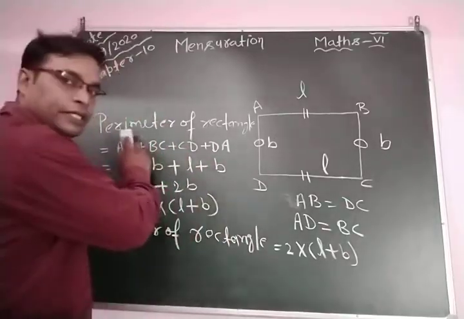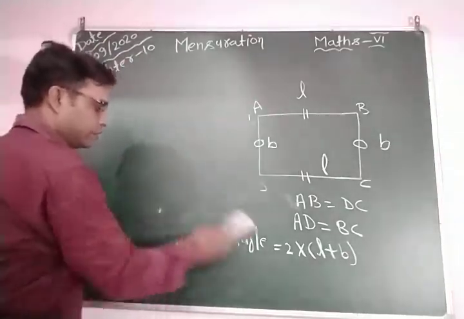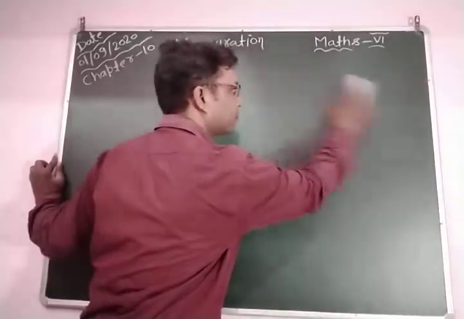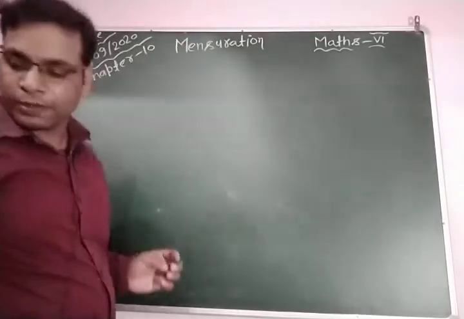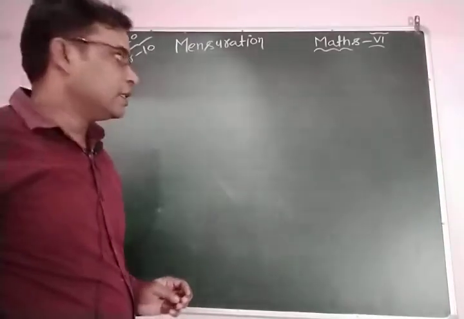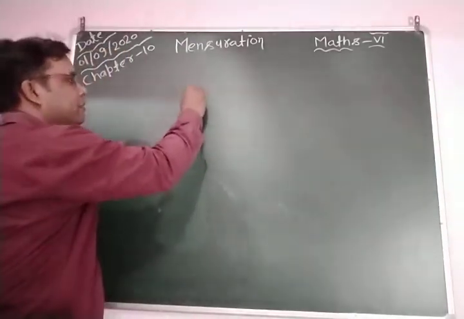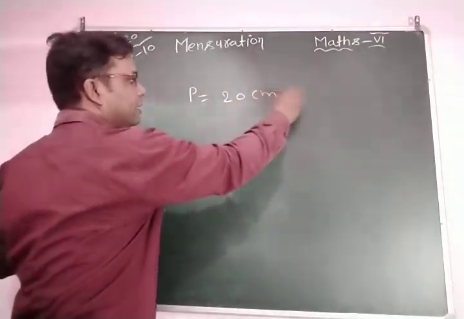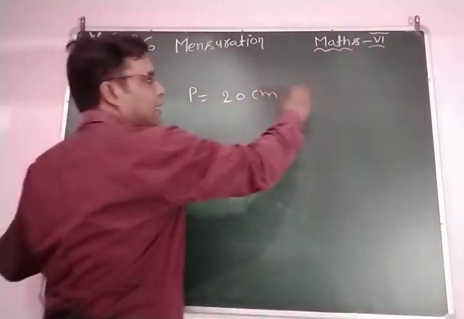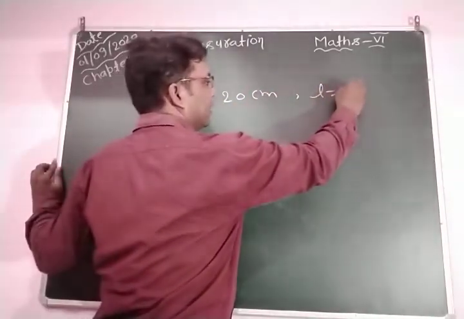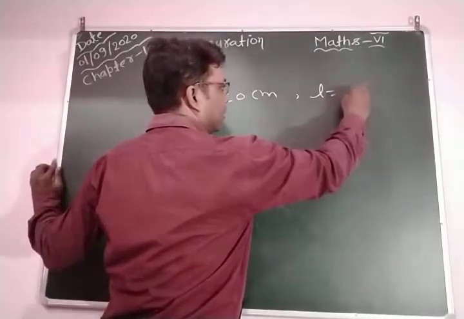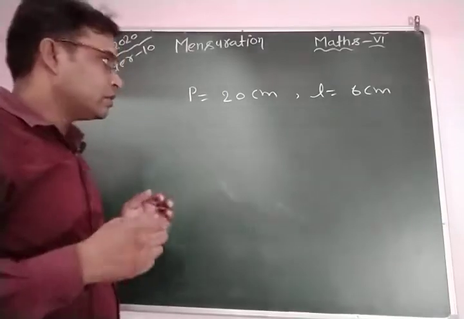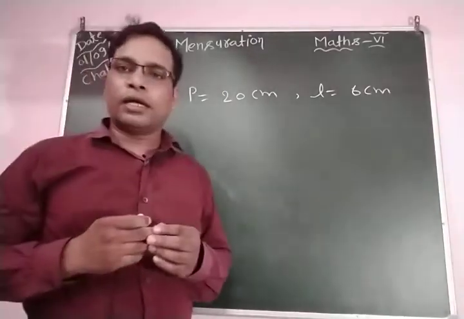Suppose in the question the perimeter is given as 20 centimeter, where P represents perimeter and L represents length. Length is 6 centimeter. We need to find the breadth. How do we find the breadth?